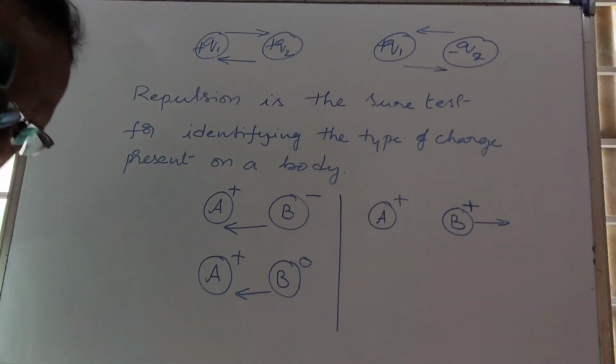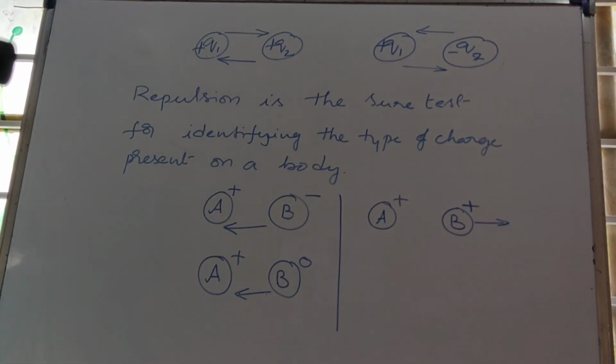So like charges repel each other and unlike charges attract each other, and repulsion is taken as the sure test to find out the type of charge which is present on any body. Okay.